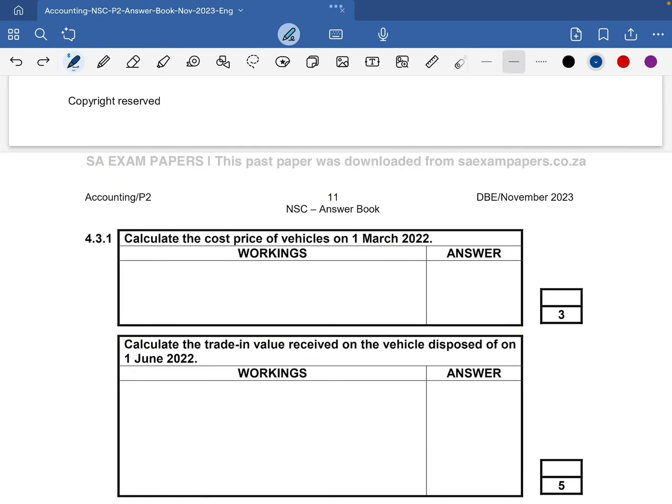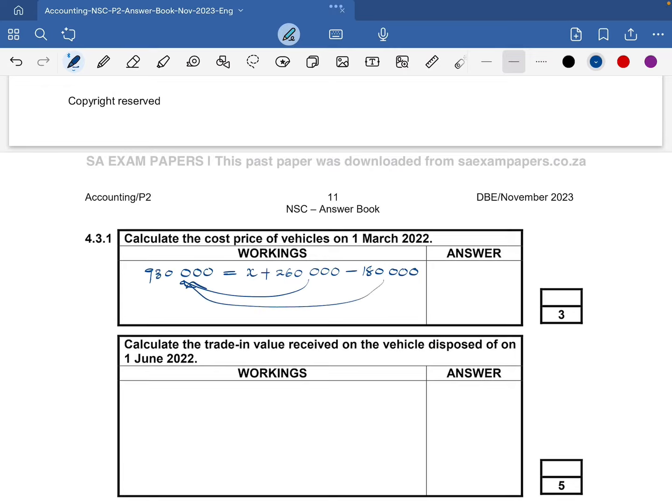Okay, so we're going to calculate the cost price of vehicles on the 1st of March 2022, which should be our opening balance. How we would work this out: we say the 930,000 is our closing balance, which is equal to our opening balance, which we'll say is X. I know most of you do not like X, but it's a variable that we are just solving for. So do not be confused or demotivated whenever you see X. We know that we added a vehicle worth 260,000, and then we disposed of one that was costing 180,000. Then we're going to simply solve for X by taking this to the side and this to the side.